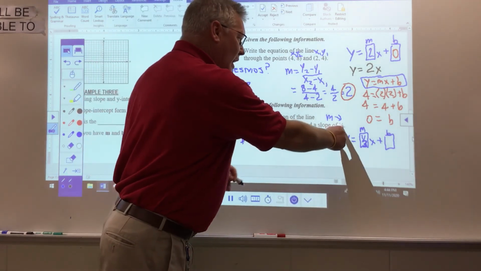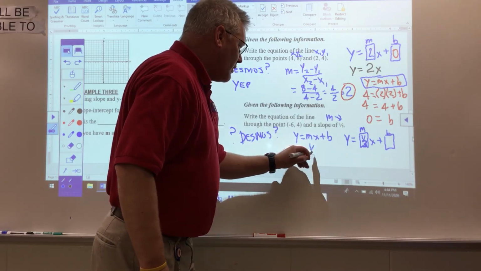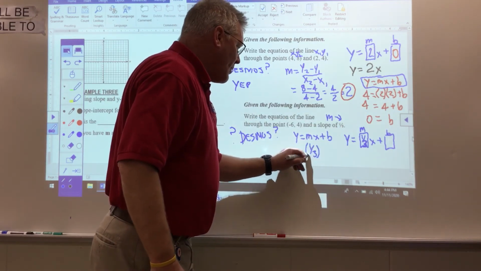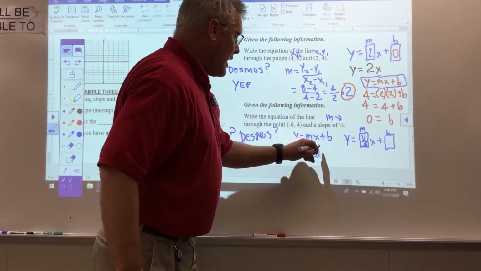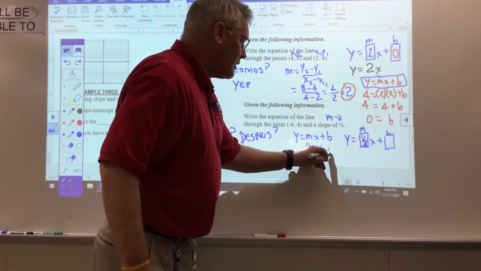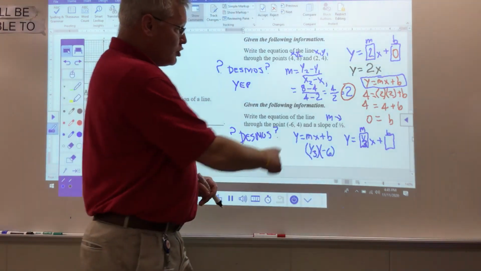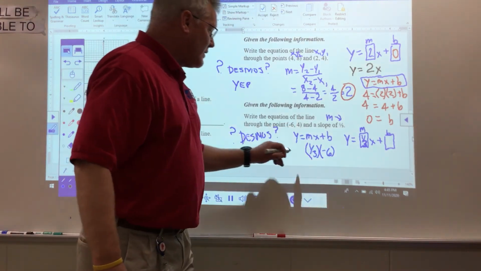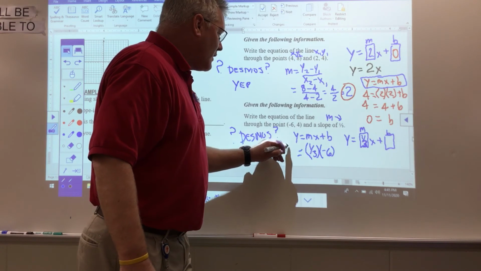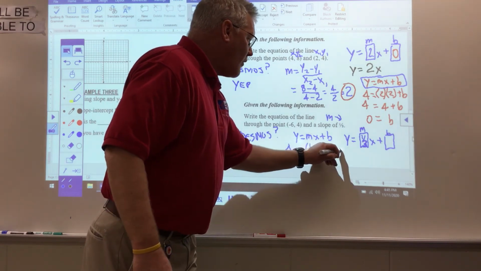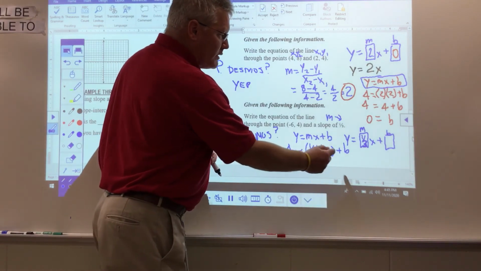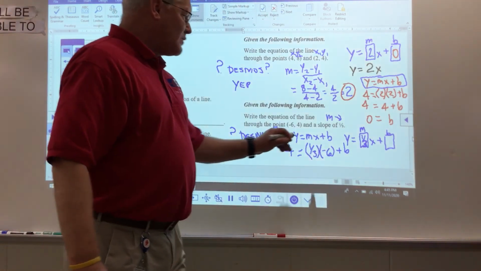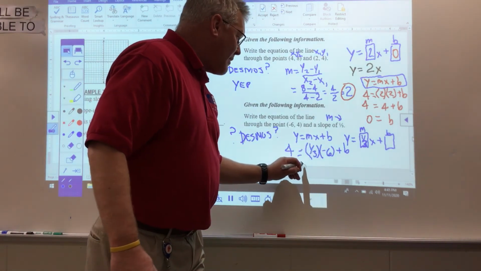Okay, I have my m, which is 1/3. It's going to multiply with an x. The x I have right here is what? Negative 6. Do I have a y? Sure do. It's right there beside the x in the ordered pair. So the y is 4. And all that's going to be plus some b right there. Now, 1/3 times negative 6, that's 1 times negative 6 divided by 3.